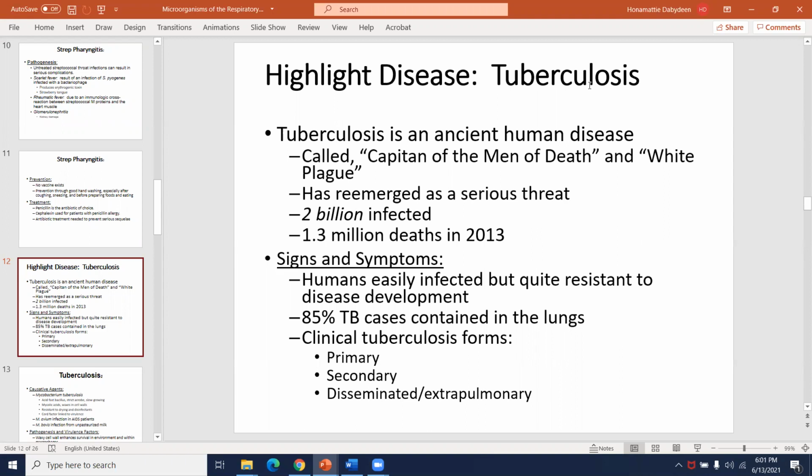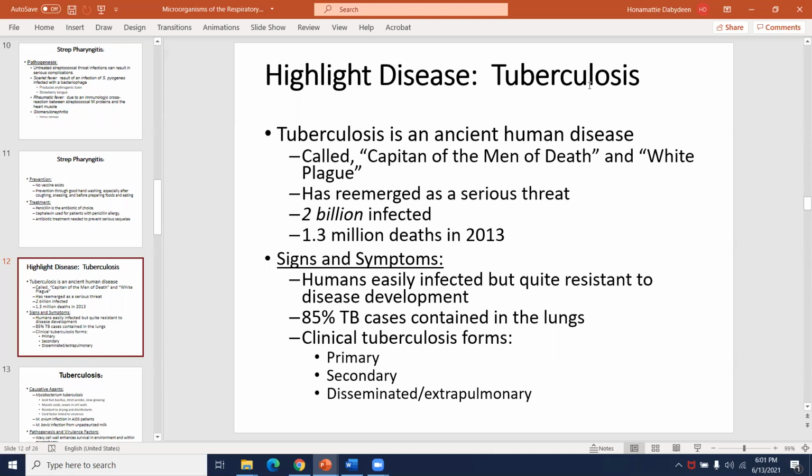There was a period of time with the advent of antibiotics like isoniazid and streptomycin. There was a little relief at one point, but this disease has reemerged as a very serious threat.